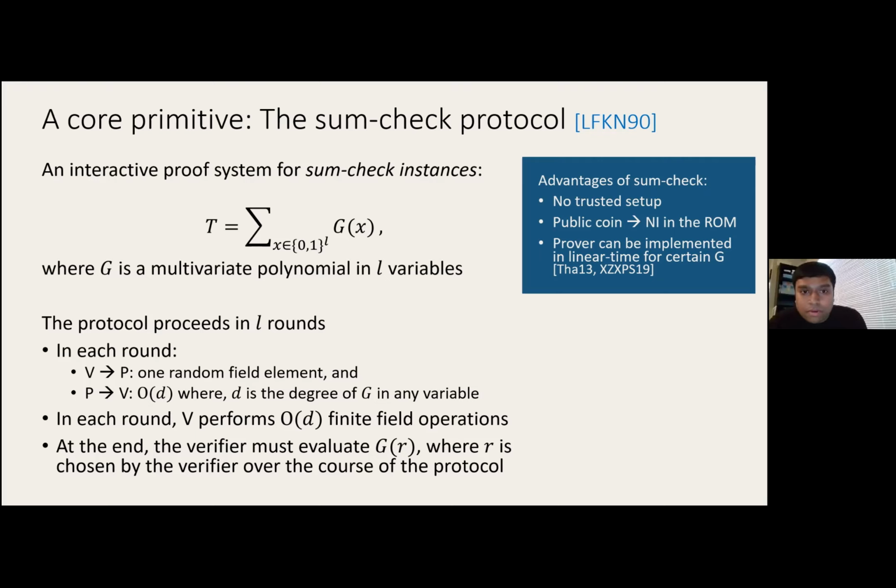So you're saying instead of looking at the Boolean hypercube, we look at a larger space and then reduce the number of variables. Yeah, I think the original sumcheck protocol was actually not described over the Boolean hypercube. In fact, it uses H, which is a subspace that can be arbitrary. I haven't looked at whether the linear time results can be applied in that context.